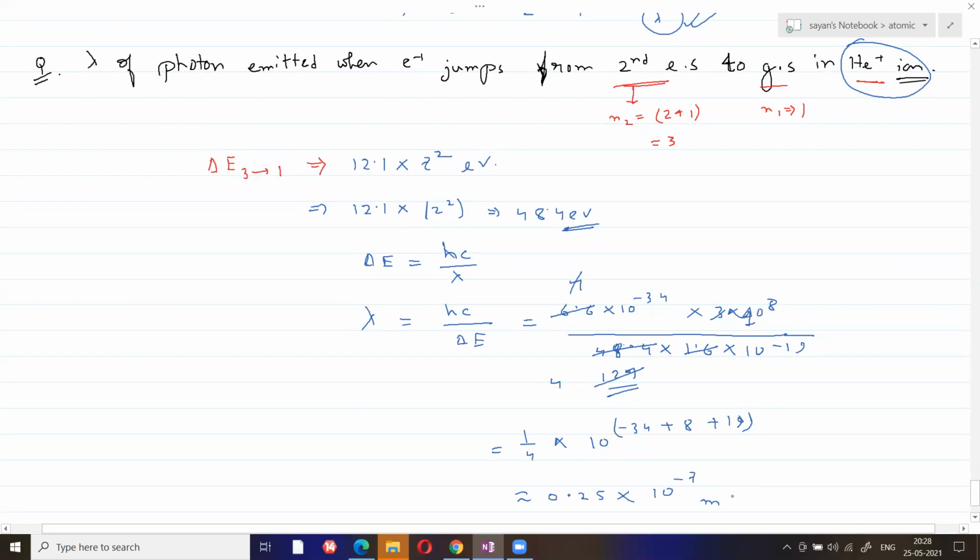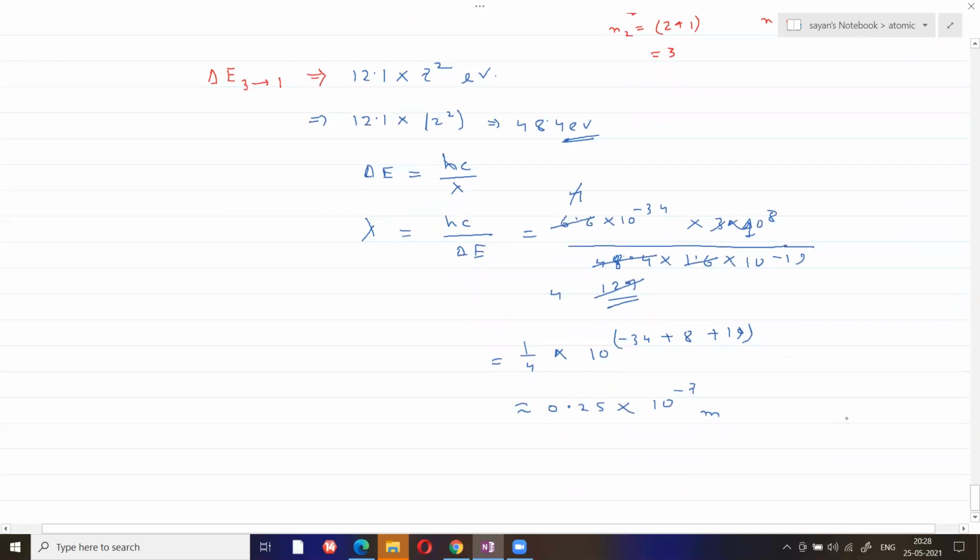Is this one clear? Oh, sorry, this one is 10 to the power minus 10. Can I write 0.25 angstrom?